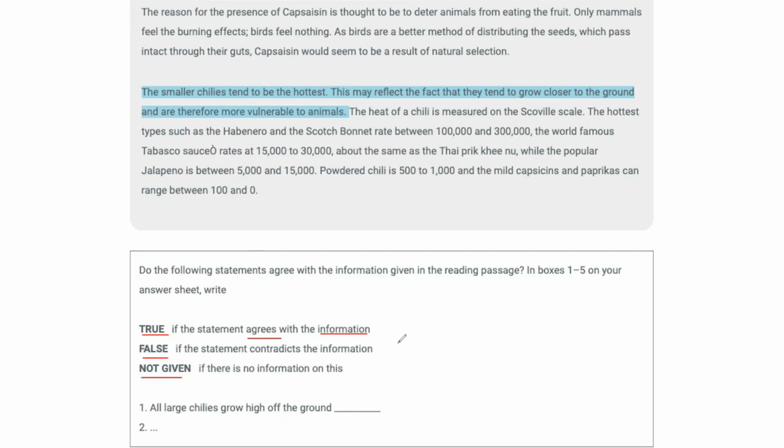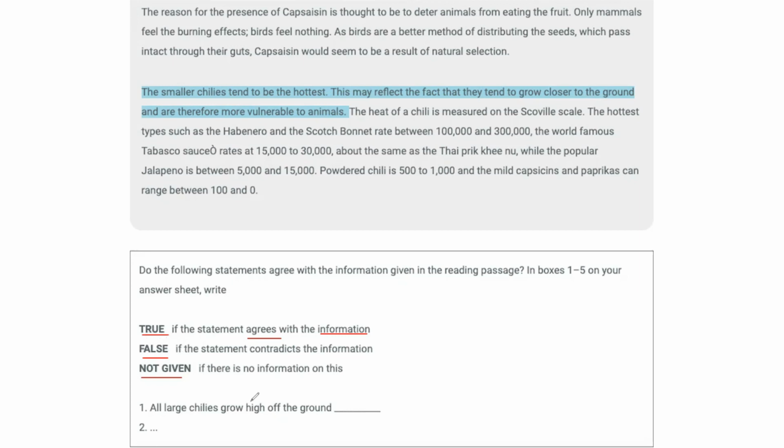Don't get confused if the same idea is presented in different words in the passage. So if synonyms are used, for example, then the answer could also still be true. But if the information in the passage contradicts or is the opposite of what is included in one of your questions, the answer is false.